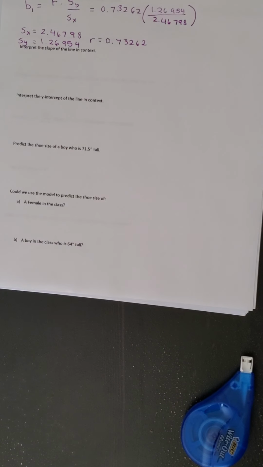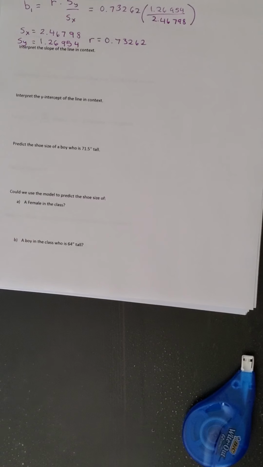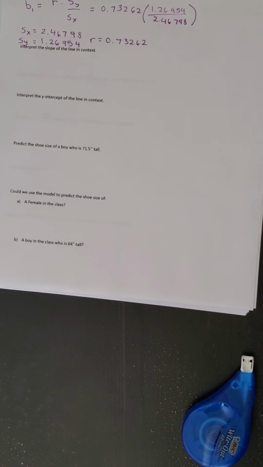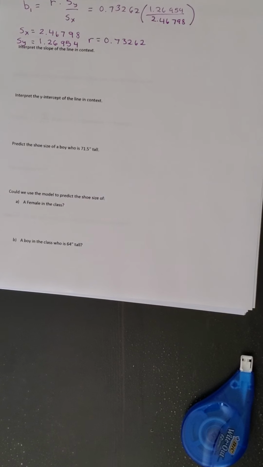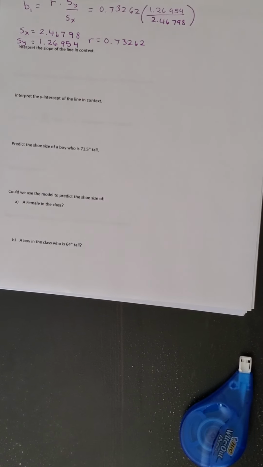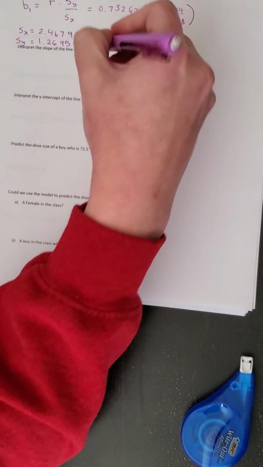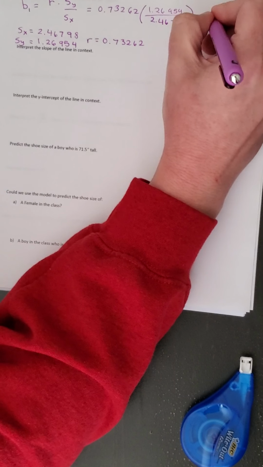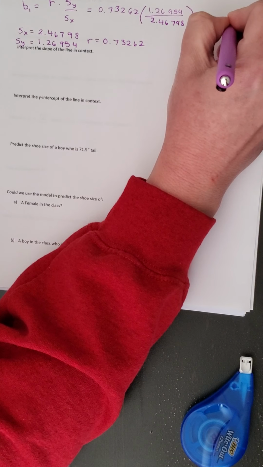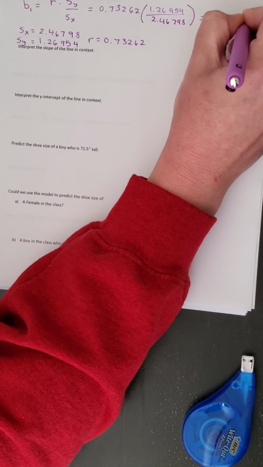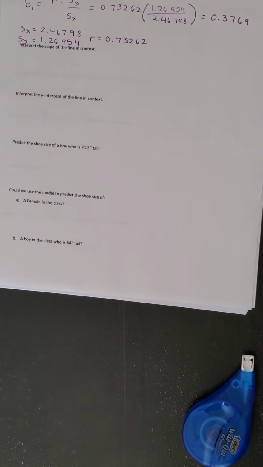I'll go ahead and multiply and divide that: 0.73262 times 1.26954 divided by 2.46798. And I get that B1 is 0.376, and I'm going to round it to a 9 right there.